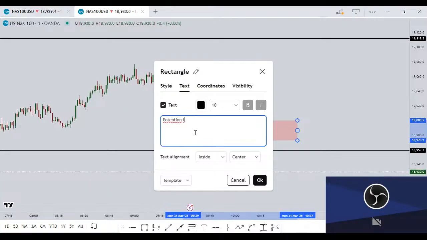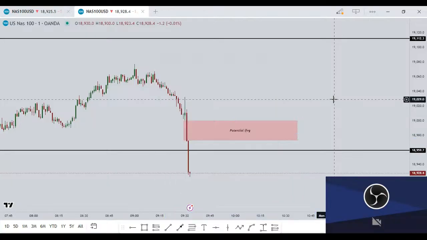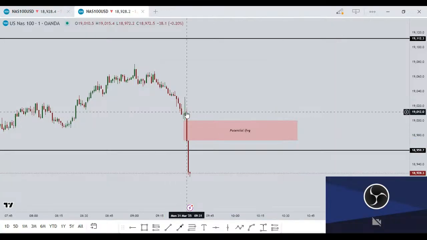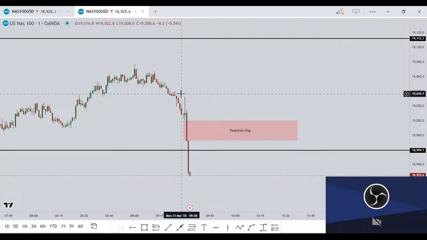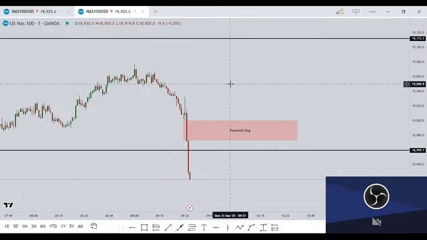Potential IFVG. This is what I have. So I want to see the market maybe using this as an inversion, and then we can have the run towards these relative equal highs. That is the framework. But we shall see what happens.